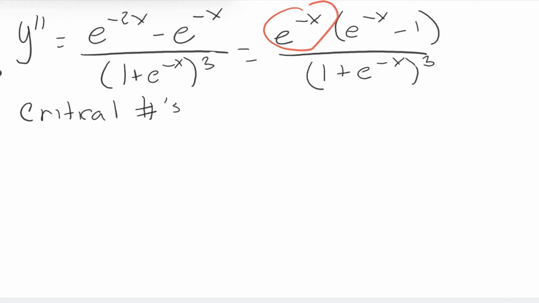Okay. So now I really just have the other two that I have to look at. So we have e to the negative x minus 1 equals 0. So e to the negative x equals 1. So that would mean x equals 0.